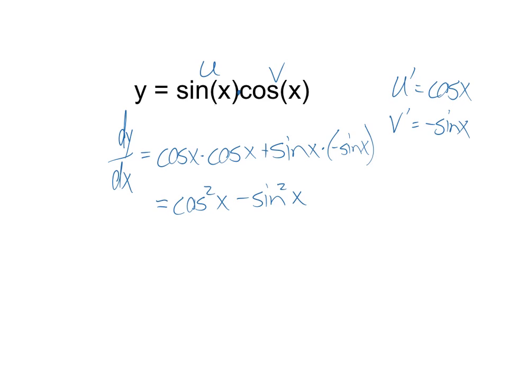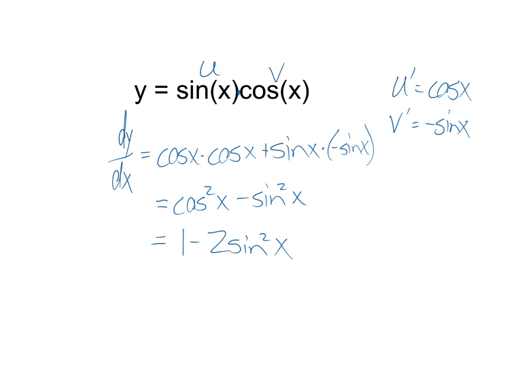Okay, here's the deal. I want you to think about this, because later when we set these equal to 0 and solve for x, you can't solve for x when there are cosines and sines mixed in there. So we would have to get it all in terms of one. Cosine squared I could rewrite as 1 minus sine squared, so I could rewrite this as 1 minus 2 sine squared x.